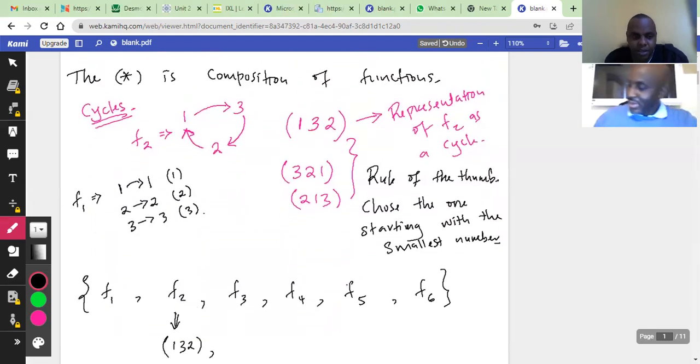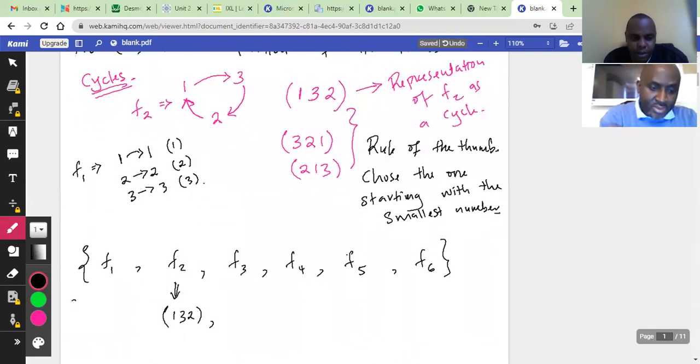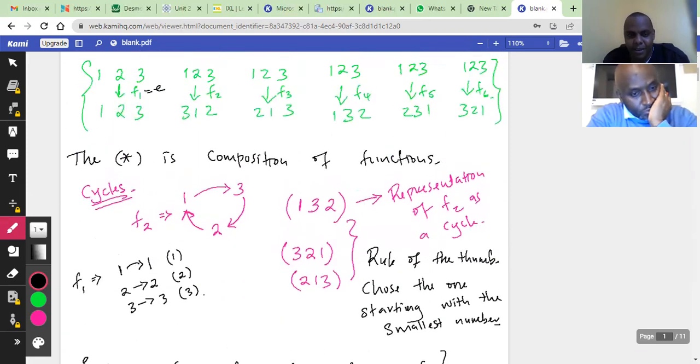So the representation for F1 is going to be (1)(2)(3). So F1 is like a composition of 3 cycles that are doing nothing.